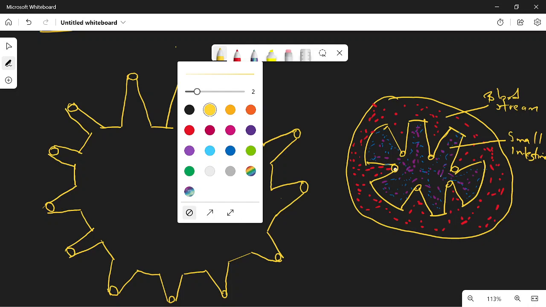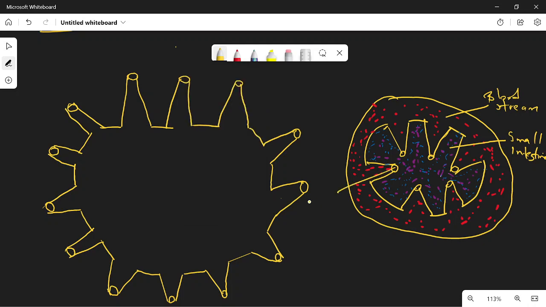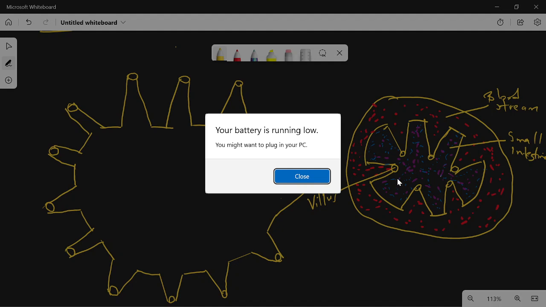Each of these holes here, they are referred to as what? As villus. Each of these holes here, they are referred to as the villus.